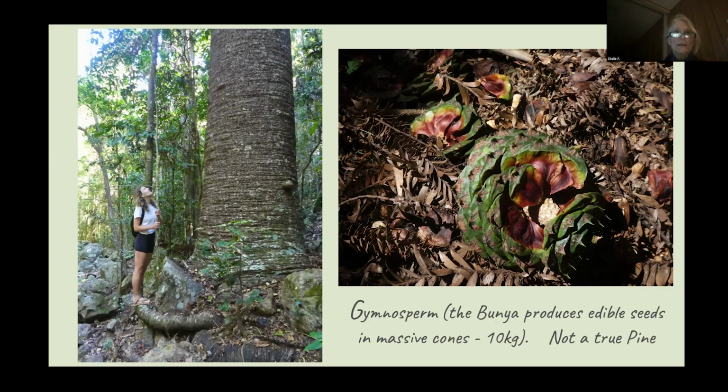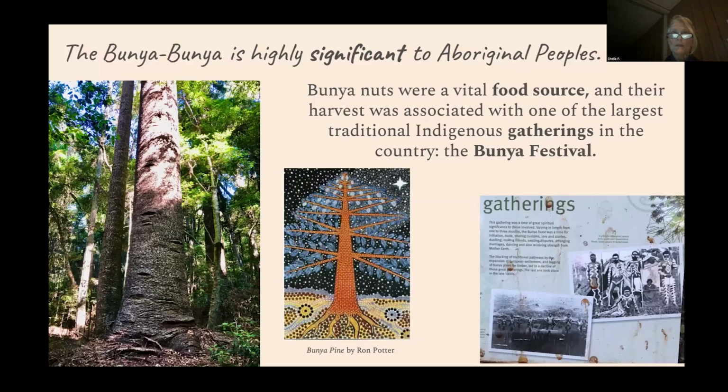So the bunya is highly significant to the Aboriginal peoples of Australia. The seeds or nuts were a really important food source for them, and the tree itself was sacred. The families were assigned a bunya tree to themselves, quote unquote, and it's a tree that they revered and a tree that they harvested nuts from over the years.